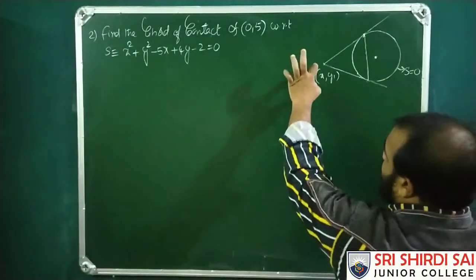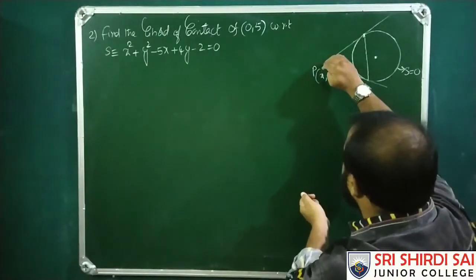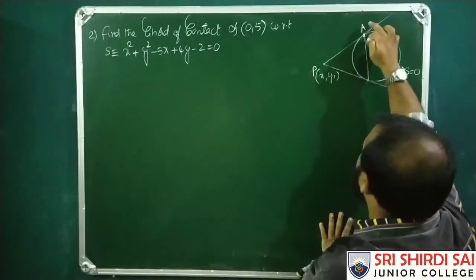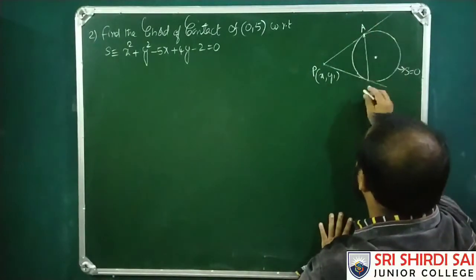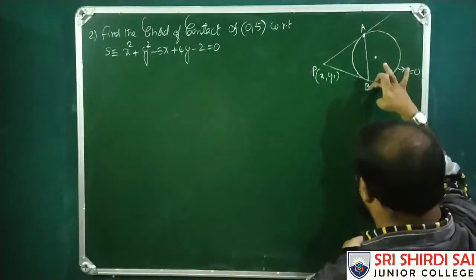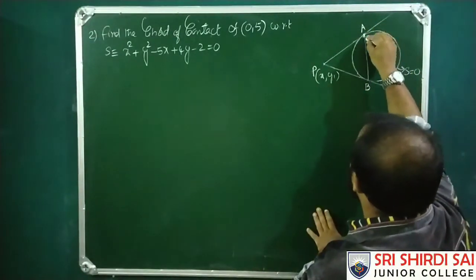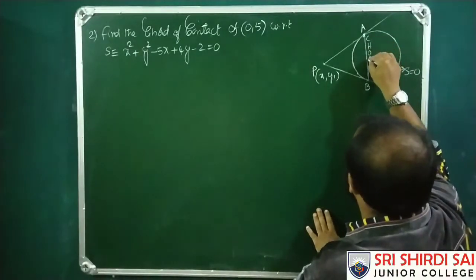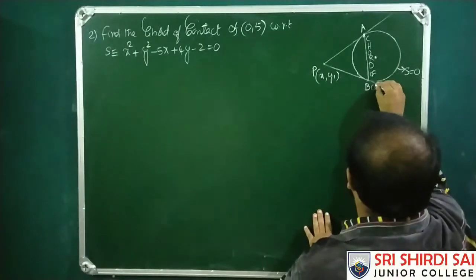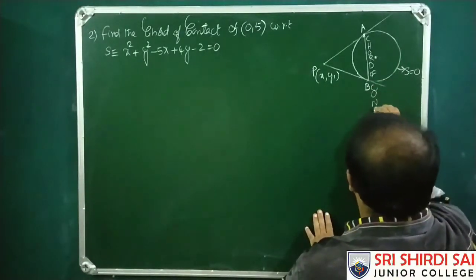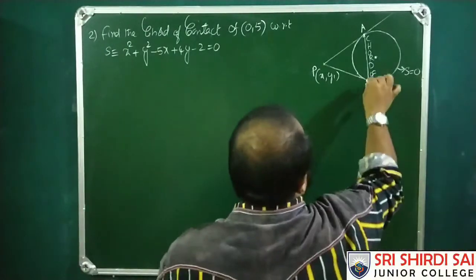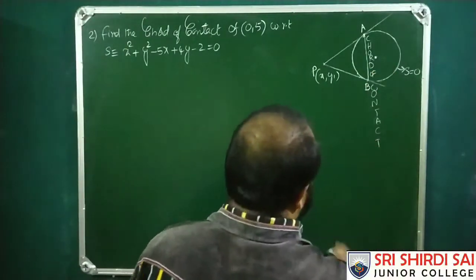That means from external point P, if we draw two tangents, then A is the point of contact of this tangent to the circle and here B is the point of contact. If we join these two points of contact, this line is called the chord of contact.